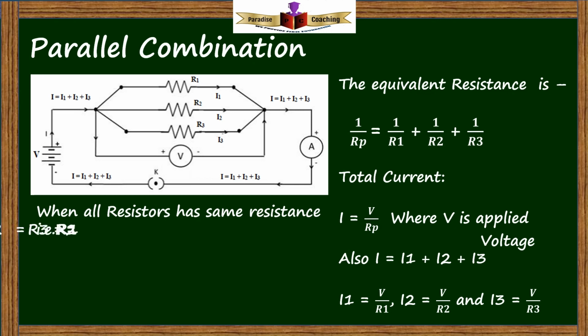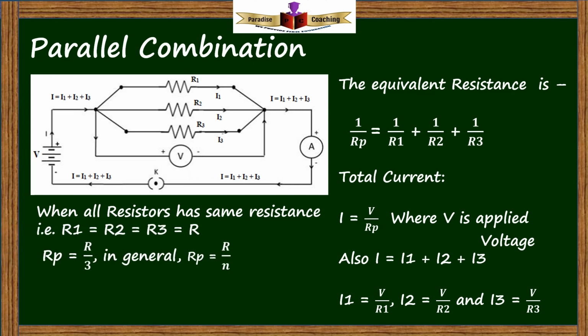When all resistors in parallel combination have the same resistance, the equivalent resistance is the resistance value divided by the number of resistors in the combination. Current in each branch is total current divided by number of resistors.